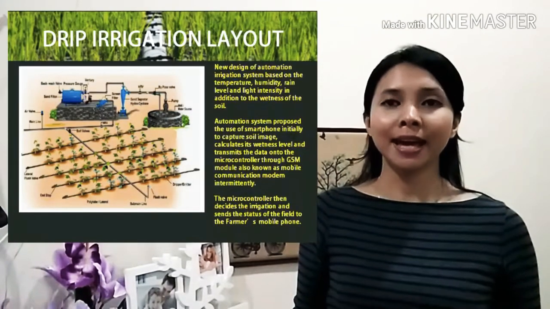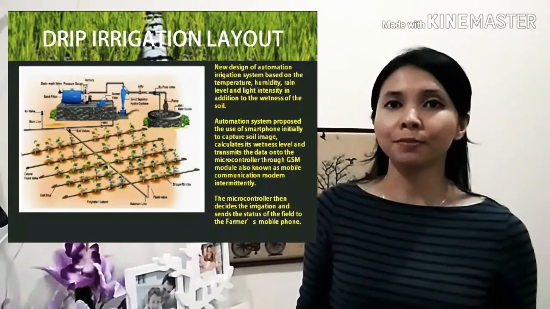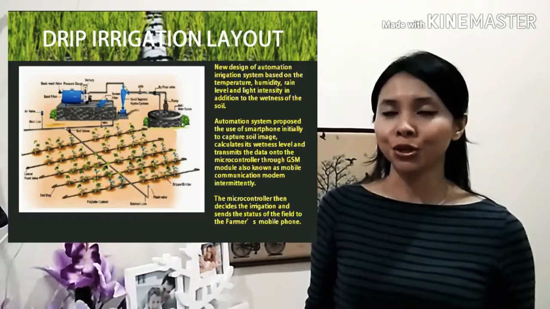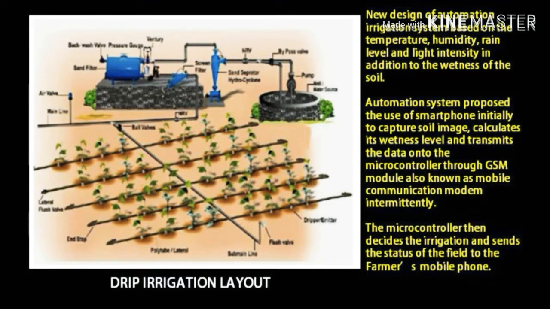A general layout of a drip irrigation system proposed by ANA University in India can be shown. Drip irrigation is a network of perforated tubes linked to a water source. The water flows through pressurized pipes, vents, and drippers to make water drip slowly onto the soil.